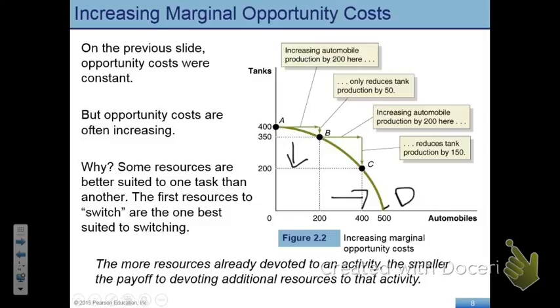What was the opportunity cost of making automobiles when the economy was moving from A to B? Notice that when the economy was moving from A to B, it was giving up 50 tanks and gaining 200 automobiles, right? So what is the opportunity cost of making one automobile? Anyone?